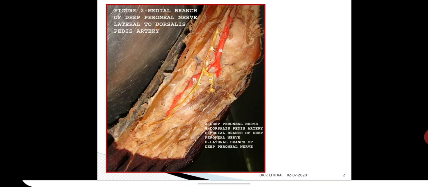What muscles cause plantar flexion of the foot? Back of the leg muscles, gastrocnemius and the soleus. At which joints dorsiflexion and plantar flexion occurs? They occur at the ankle joint. So like this, the discussion will be in the dorsum of the foot.